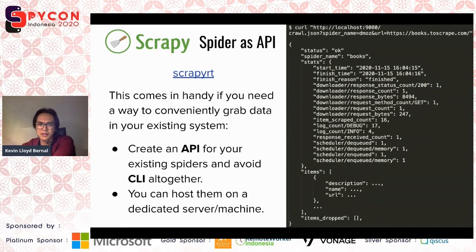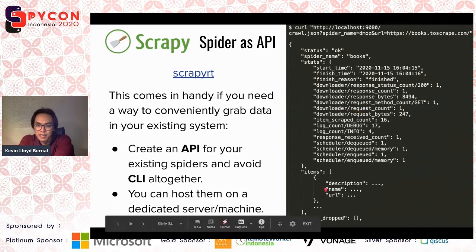And you could use this on a dedicated server or machine, and it could function as, say, a dedicated microservice for spiders. And instead of running them in the command line, you would just use requests like this one, and it would give you the logs here, the stats that I've shown you before, as well as the items scraped and items dropped. So this is really handy if you want to treat your spider as an API.